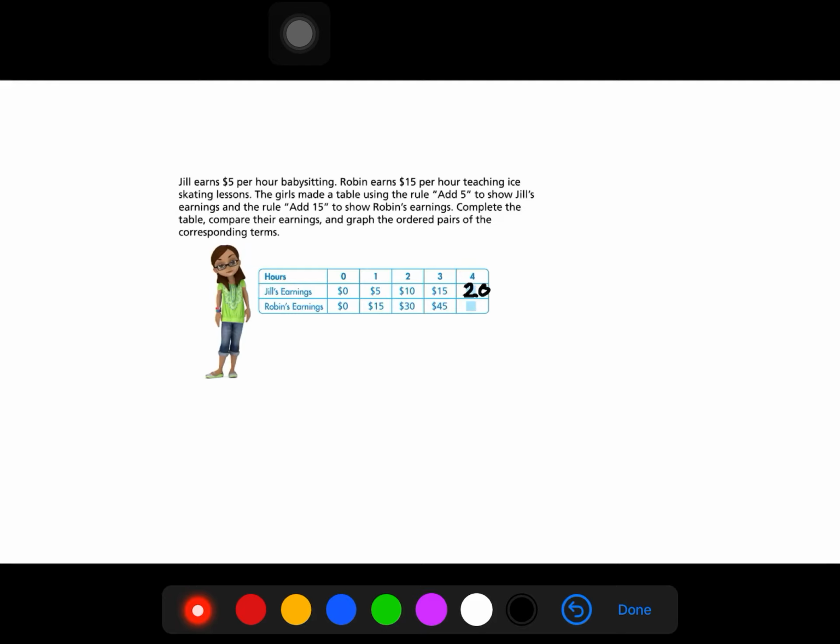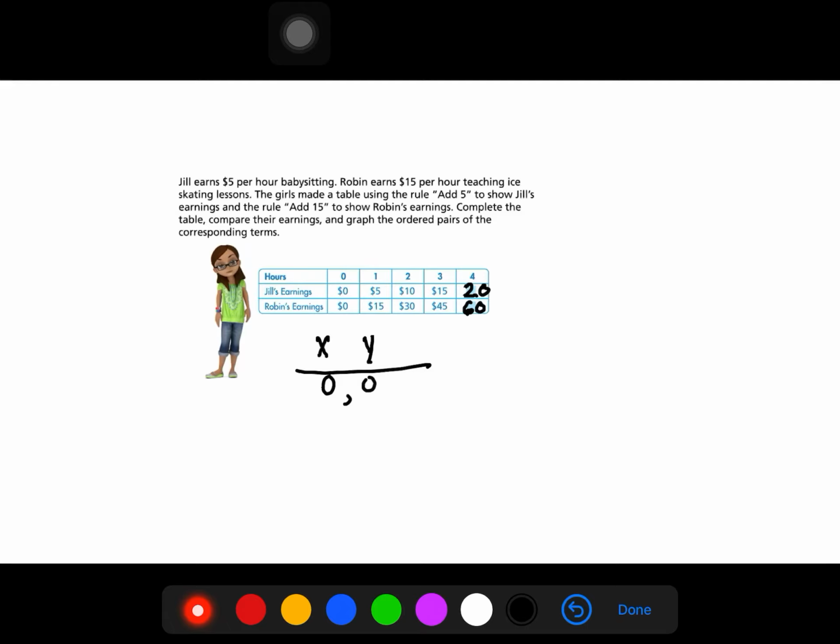Robin's pattern starts at 0, 15, 30, 45. What's missing from Robin's? 60. You got it. So now we want to take these and create ordered pairs. Let's make Jill be X and Robin be Y. So my first ordered pair would be 0, 0.